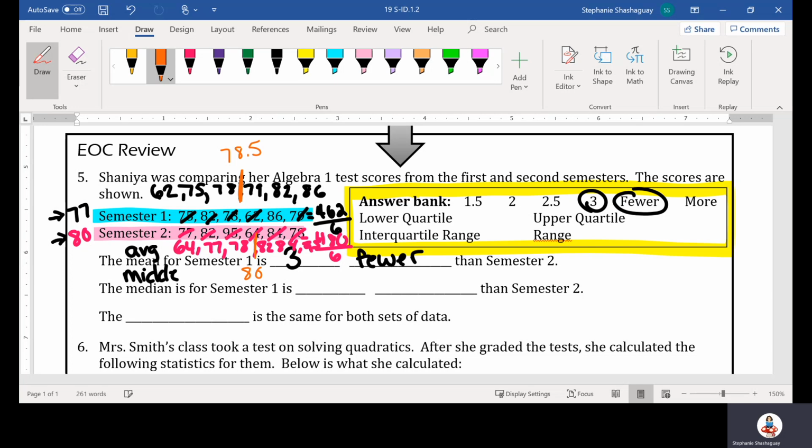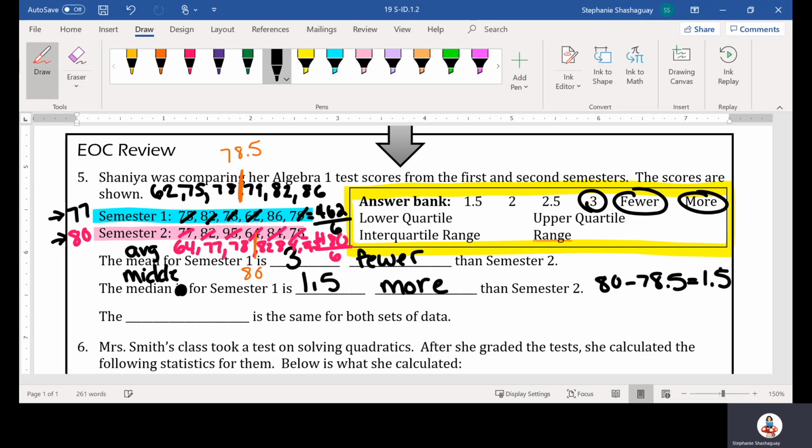So the median for semester 1, I think, is blank than semester 2. So this one's going to have to be more, because we already used the word fewer, and it's going to be 1.5 because we did 80 minus 78.5, and that equals 1.5.